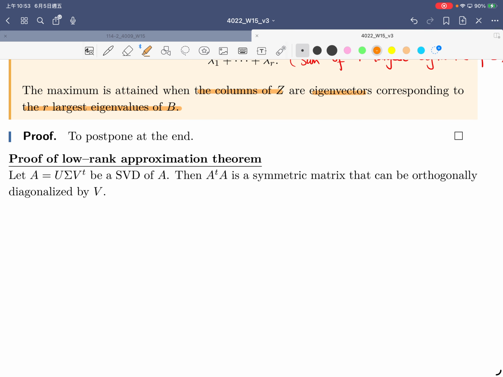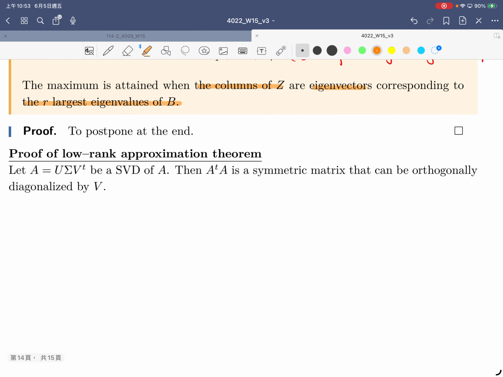So for the low rank approximation theorem, I try to minimize my objective function that I stated in the beginning, but now I transform it into an equivalent problem about maximizing the trace of Z transpose B Z. And then how do I obtain the low rank approximation theorem?